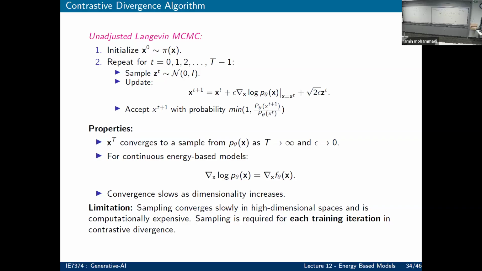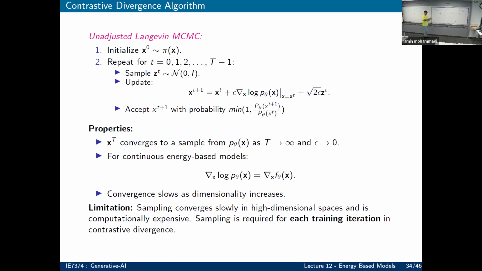So you're basically ensuring that the noise you're adding is a good noise. That's the idea. Now, there are some properties of Langevin MCMC. It is guaranteed to converge if you keep sampling and you keep reducing that epsilon.